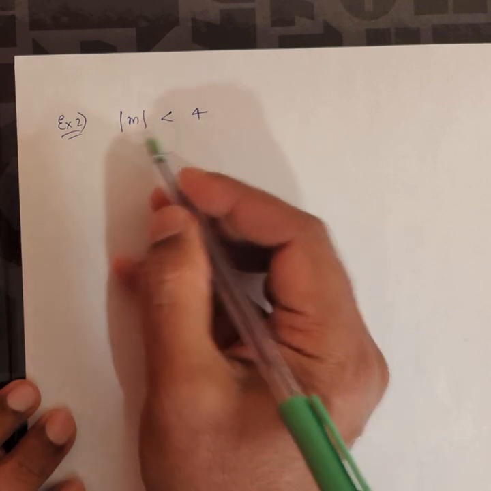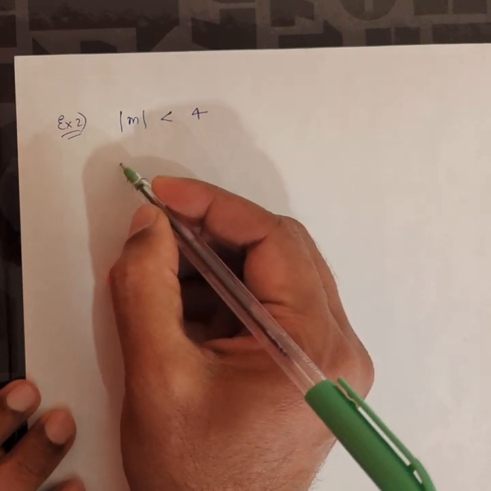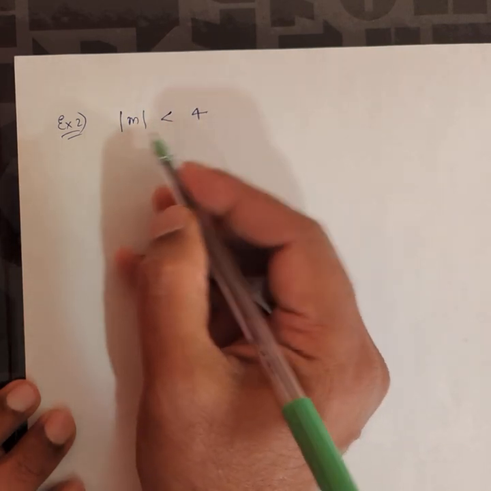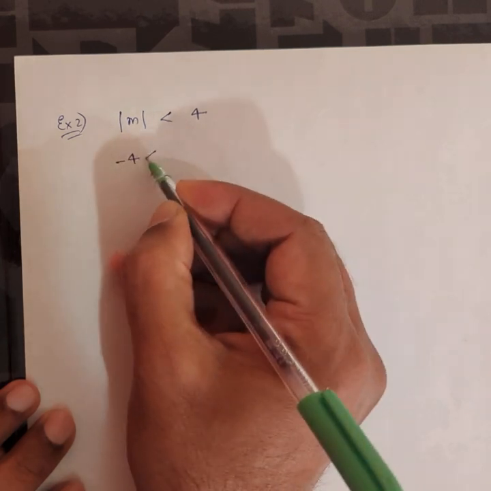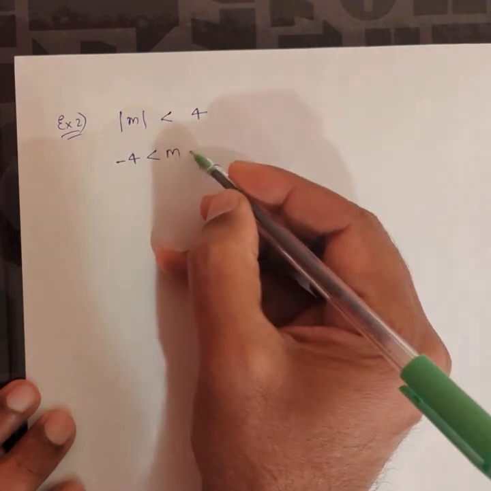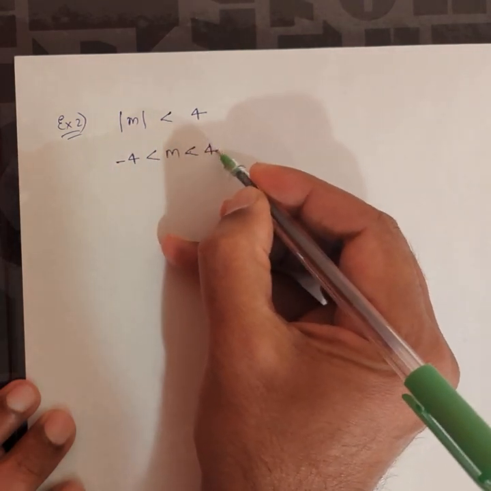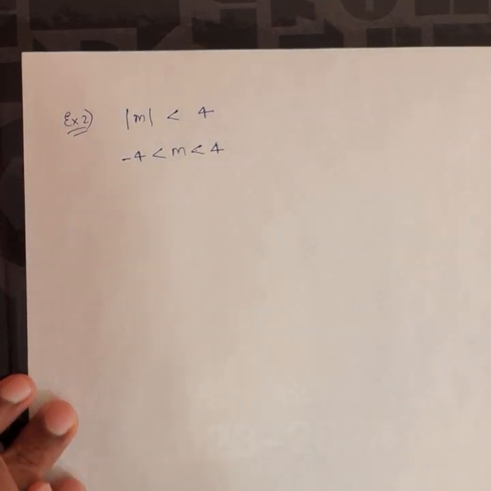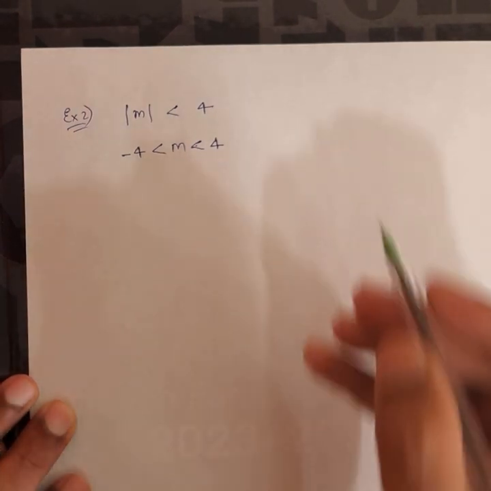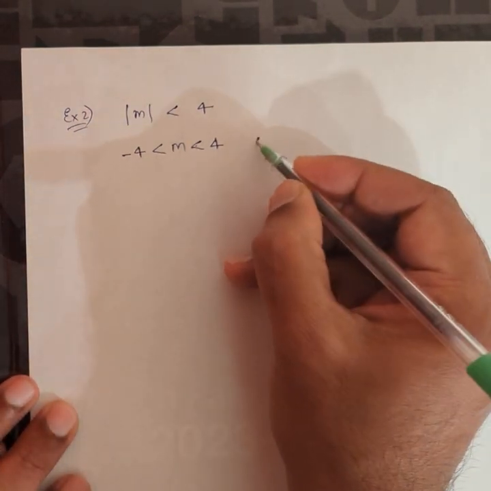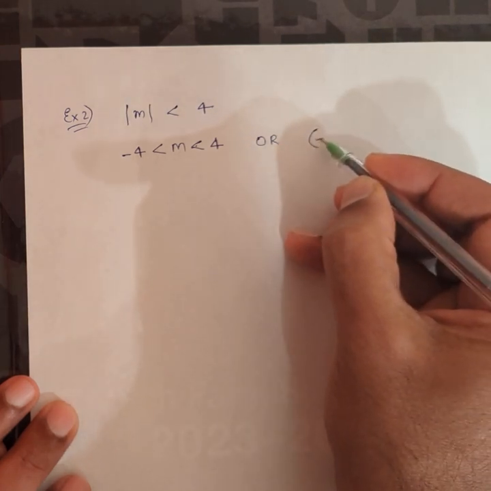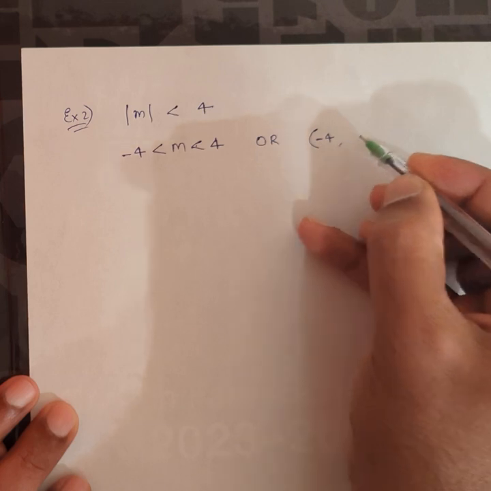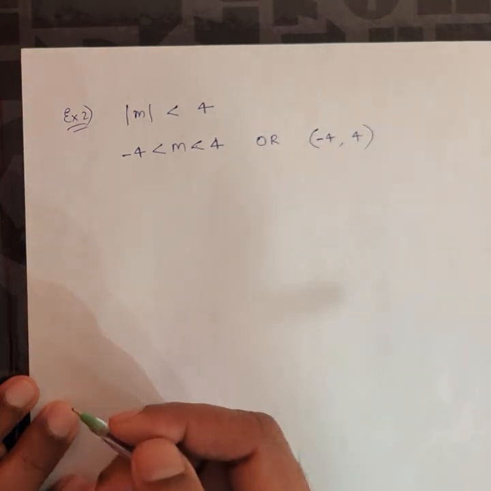Well, just like in the previous example, I'm going to sandwich m between negative 4 and positive 4. So this is one way to write it. Another way to write it is using an interval: m is between negative 4 and positive 4.